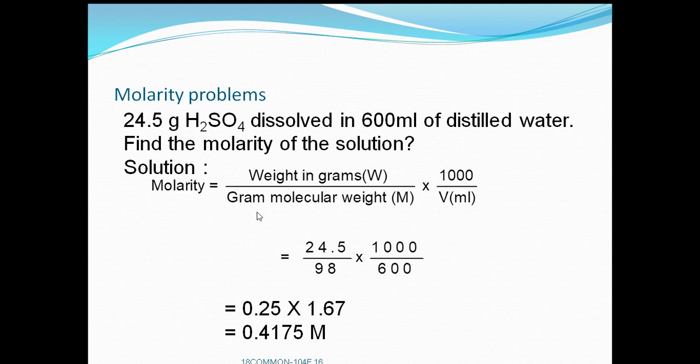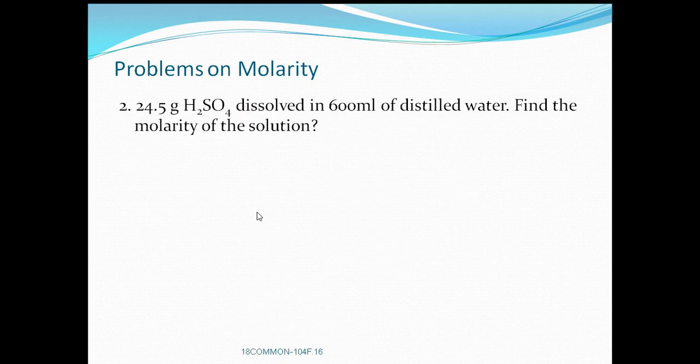He asked for the molarity. The weight 24.5 grams is dissolved in 600 ml of distilled water. Find the molarity of the solution. Simply, you can calculate very easily. If you remember molarity equal to W by G and W into 1000 by V, we can calculate any problem.